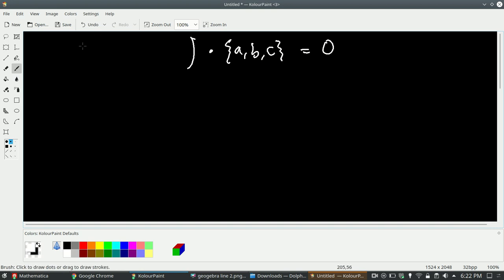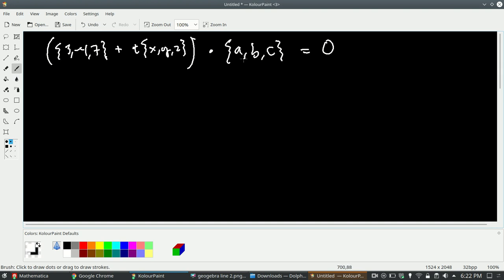So the vector on this side of the dot product has to go through this point, 3, negative 4, 7, right? Now that it has to go through this point. So if it's going to be a line that goes through this point, then I can define that line with this point plus t times some coordinates that I don't know yet. So I need to know what these coordinates are. So I need to solve this equation for x, y, and z.